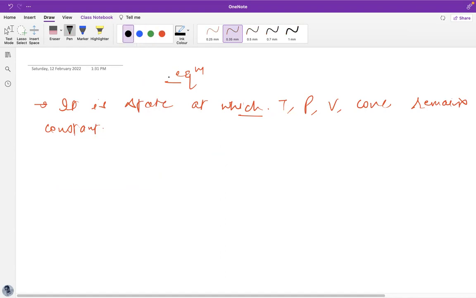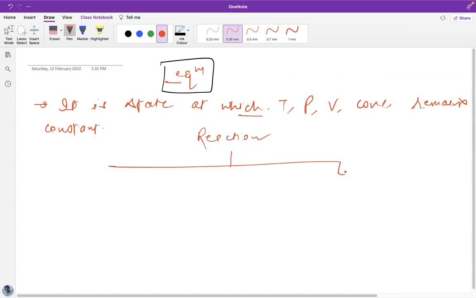This is equilibrium. Means during passage of time, these parameters will remain unchanged. And on the basis of the concept of equilibrium, we can categorize our reactions into two types. The first, reversible. Second, irreversible.